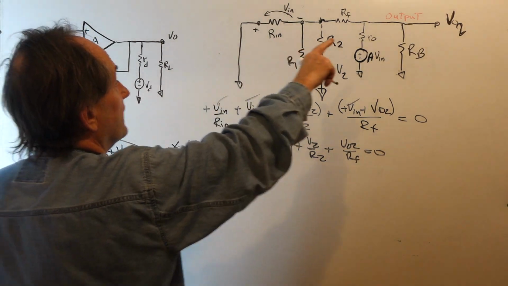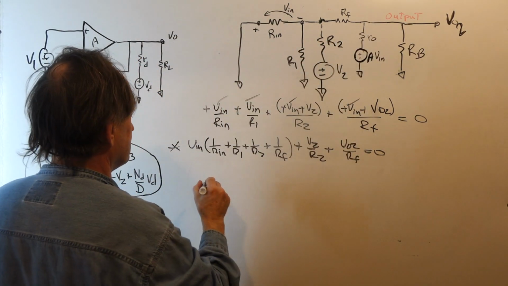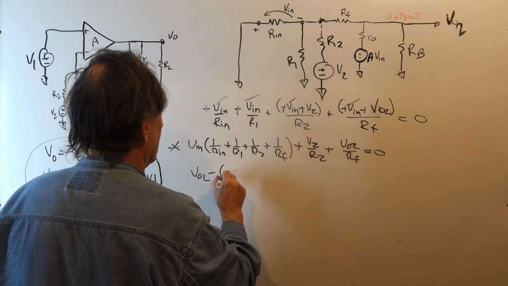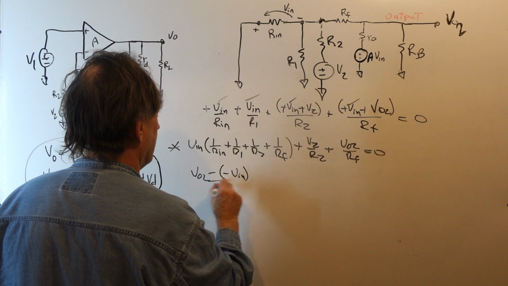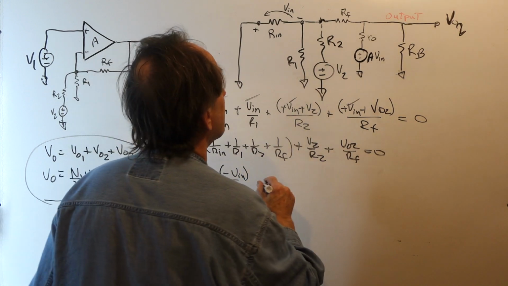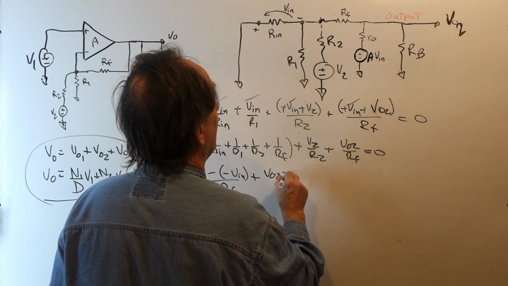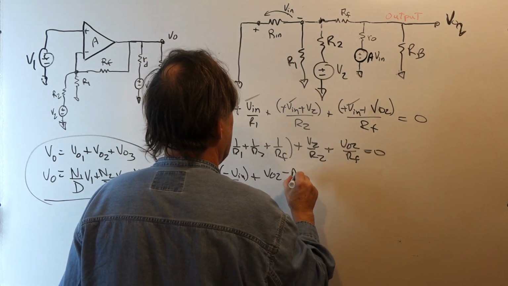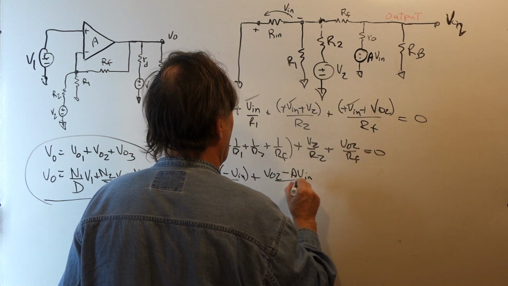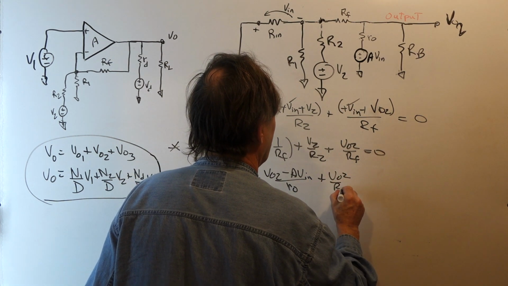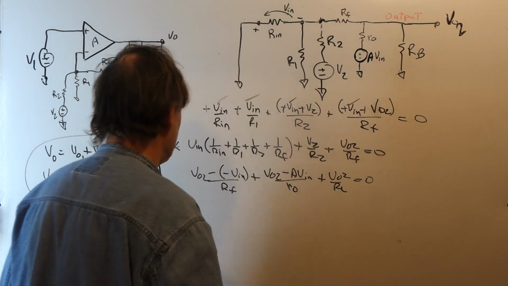Now the output equation is summing the currents leaving as positive. We have VO2 minus A Vn over RF, plus VO2 minus A Vn over RO, plus VO2 over RL is equal to 0.